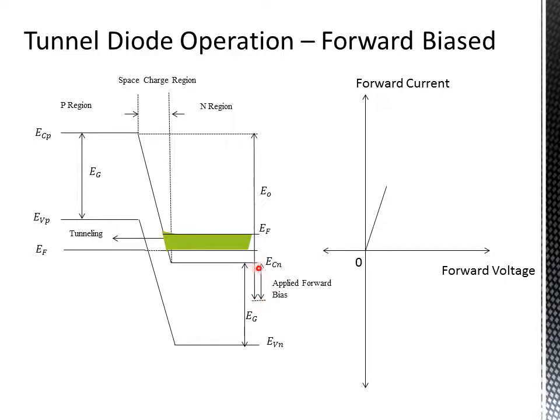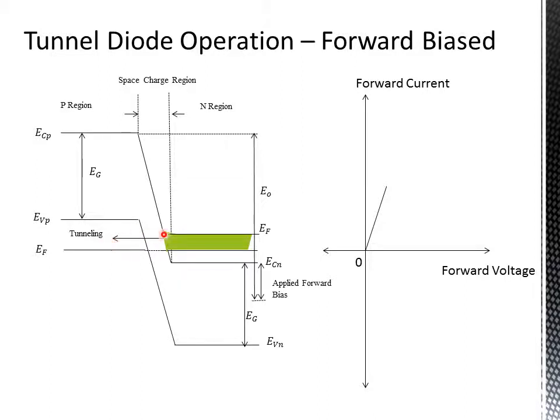Now the ECN, the conduction band energy level, moves upwards, and similarly EF, the Fermi energy level, also moves upwards. In this situation we have the filled states here, indicated with a solid green color, and in the P region we have empty states at the same energy level.